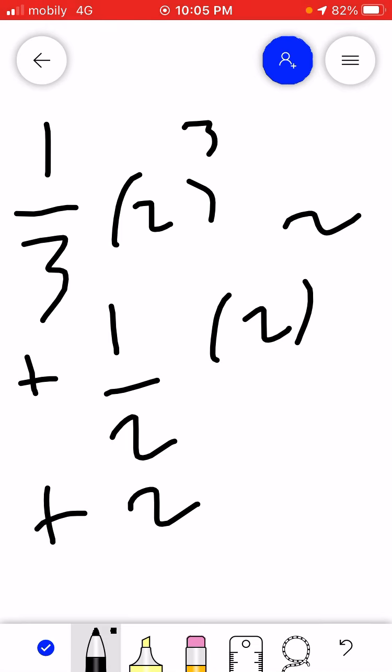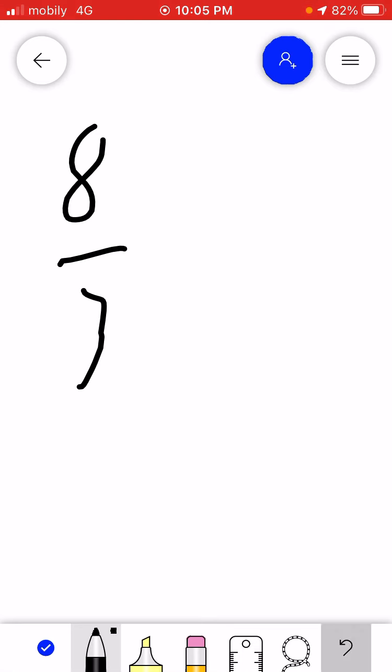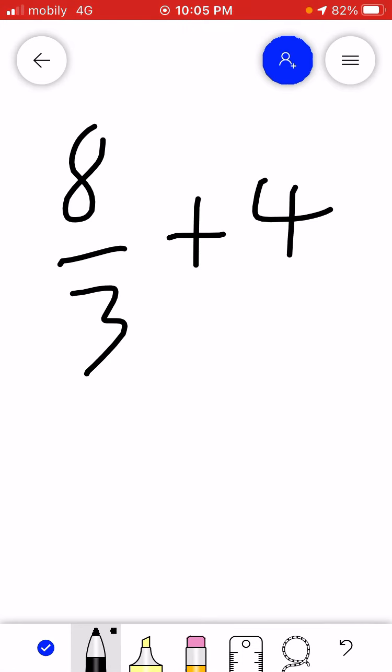And then the last one is plus 2. After multiplying that, the result is basically 8 over 3 plus 4. Well, how do we change 4? We need a common denominator. It's 8 over 3, so what over 3 will give us 4?